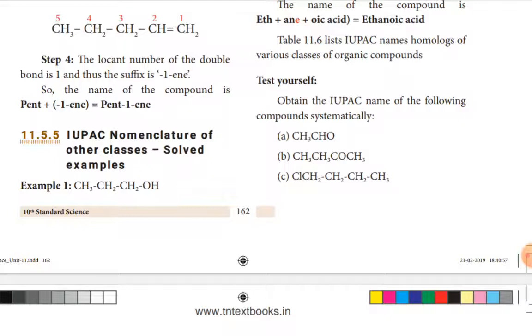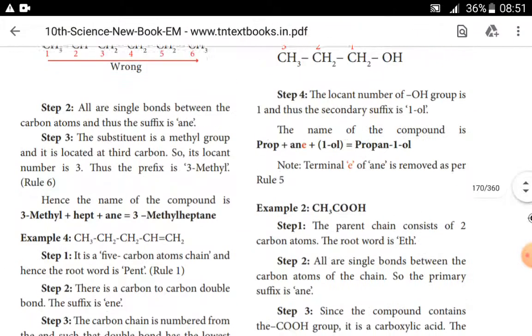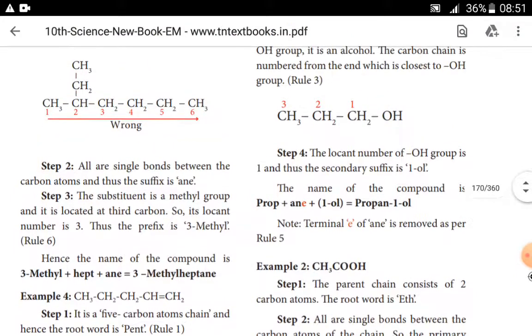The functional group is OH, so in propane replace E and add ol, propanol. That is the basic name of this compound. When giving a locant number to the functional group, it is attached to the first carbon, so propan-1-ol. In this way we have to name the organic compound using the IUPAC system.